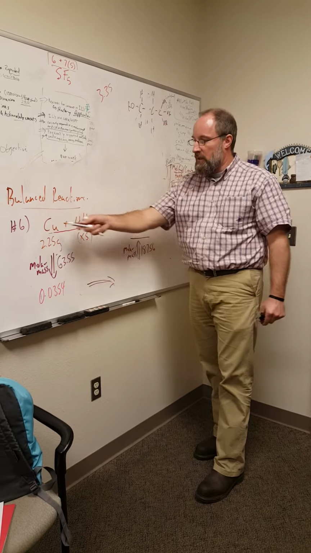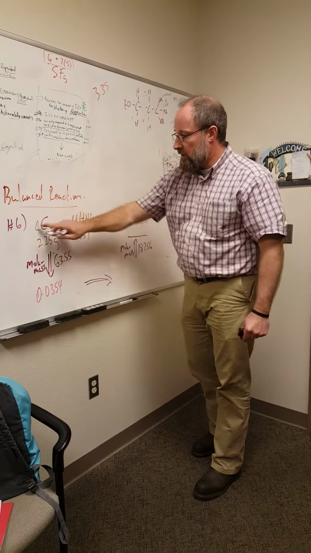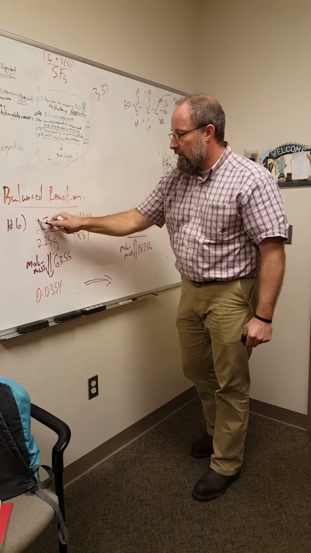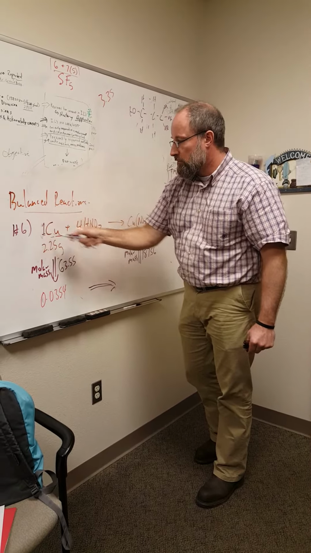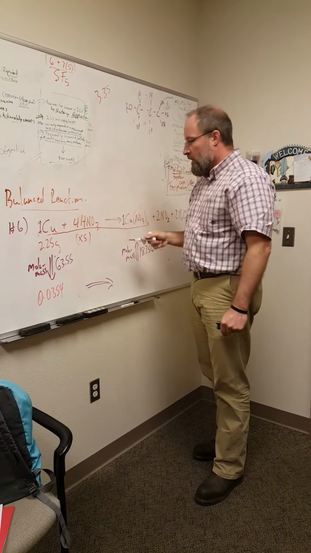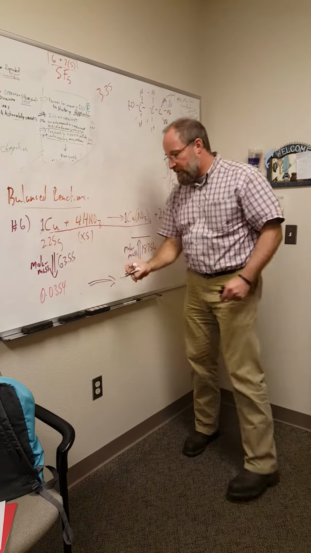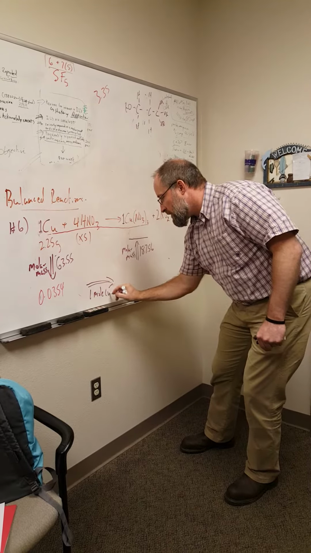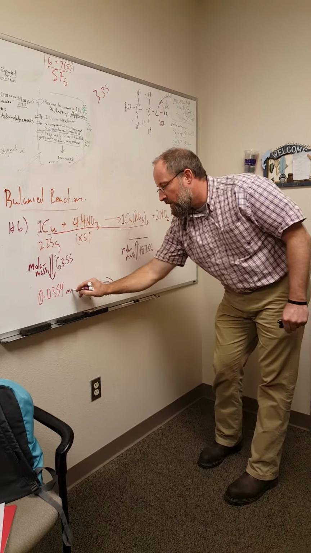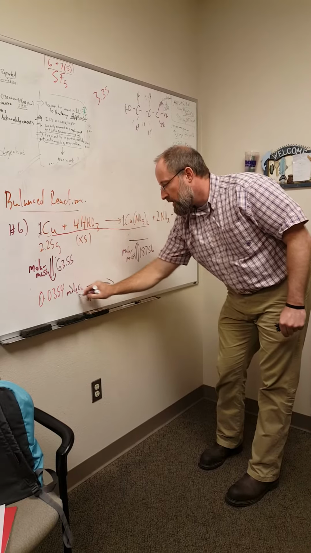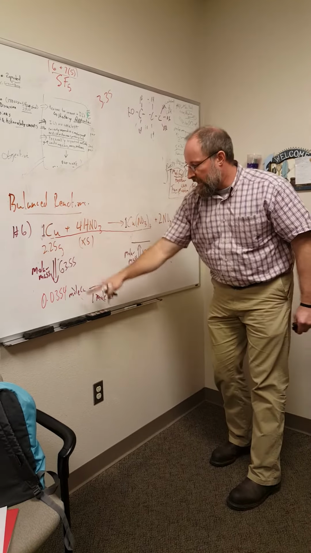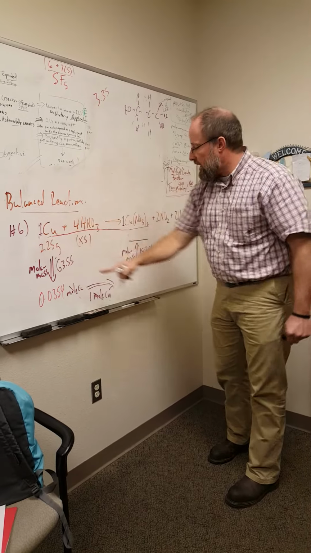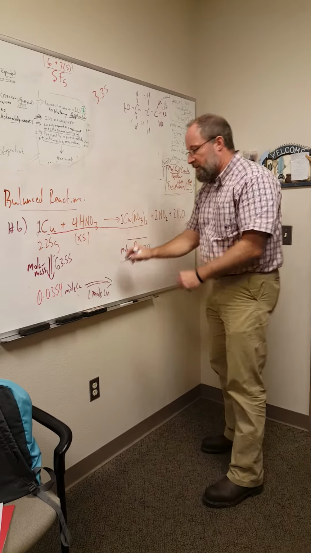This helps students if we put what is the implied coefficient in front, 1 and 1. Always divide by the coefficient you're leaving. So 1 mole of Cu we're leaving, as this is mole of Cu. That cancels. Divide by the coefficient where you're leaving and multiply by the coefficient you're going to.